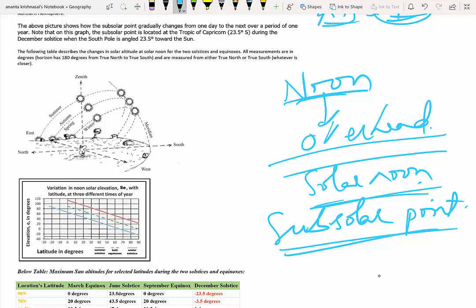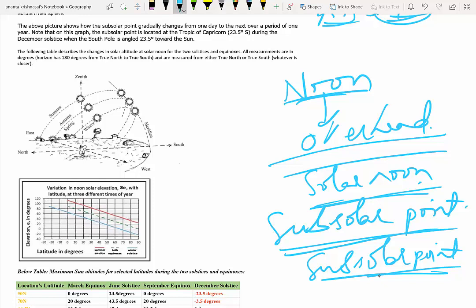And because of this, the equator finds the sun overhead at solar noon on these two days of the two equinoxes, and hence any location on the equator must be considered as a subsolar point on the day of the two equinoxes.